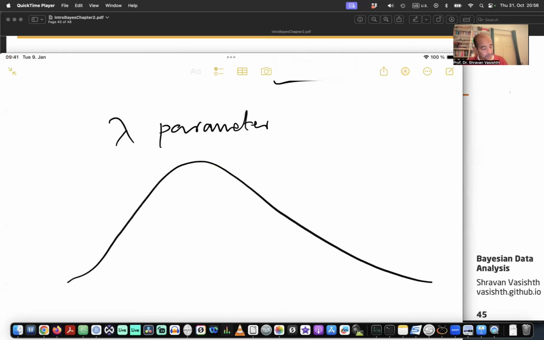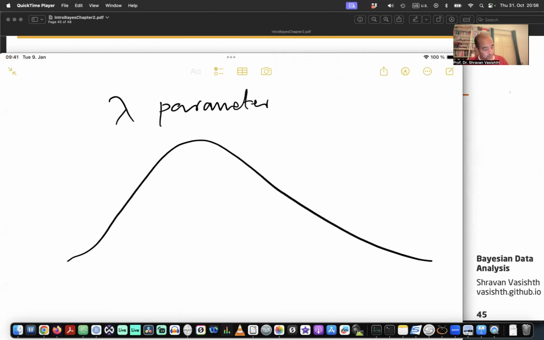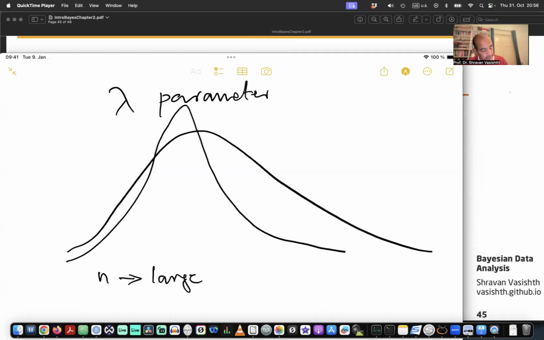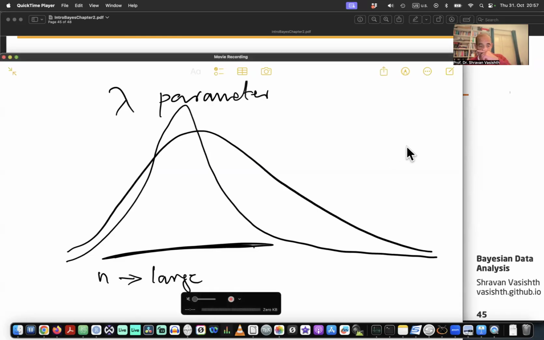But if you increase your sample size, so n becomes large, the posterior distribution on your lambda parameter could become much tighter. That gives you a lot more information about the lambda parameter, because the range of plausible values it can now have, given more data, is much narrower. And so you can delimit the range of plausible values given the data that you have.